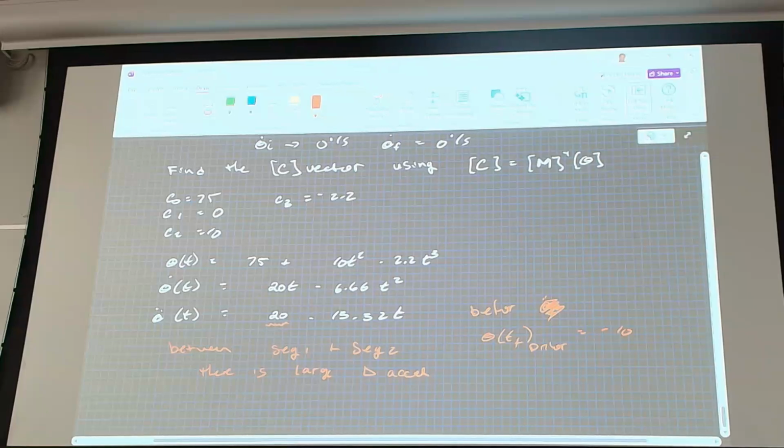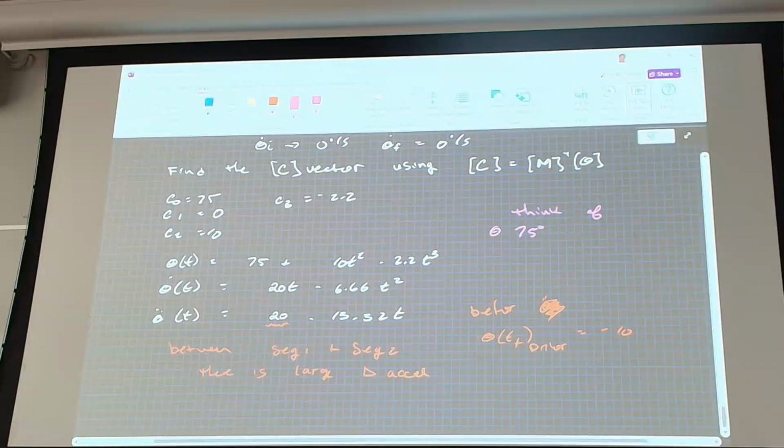Why are they bad? Because they require a lot of current, because they require a lot of torque potential. So we're going to go ahead and graph this, but it's not a good idea. And it turns out we could think of that 75 degree theta equals 75 degree as a waypoint.